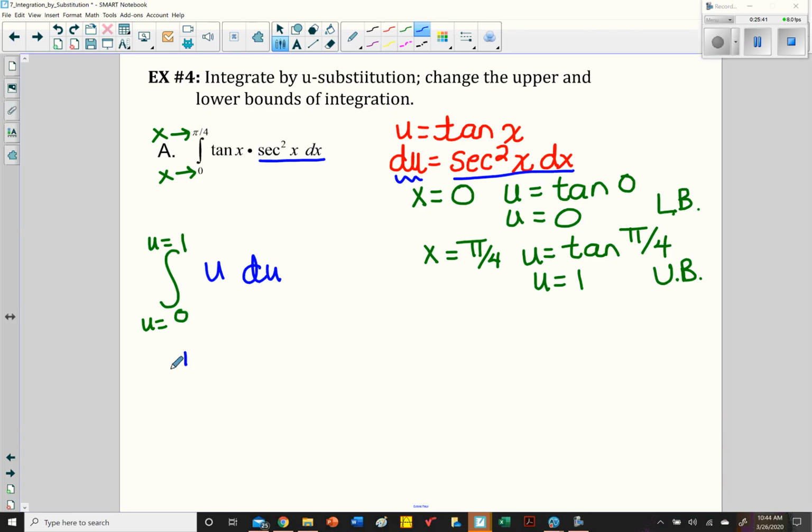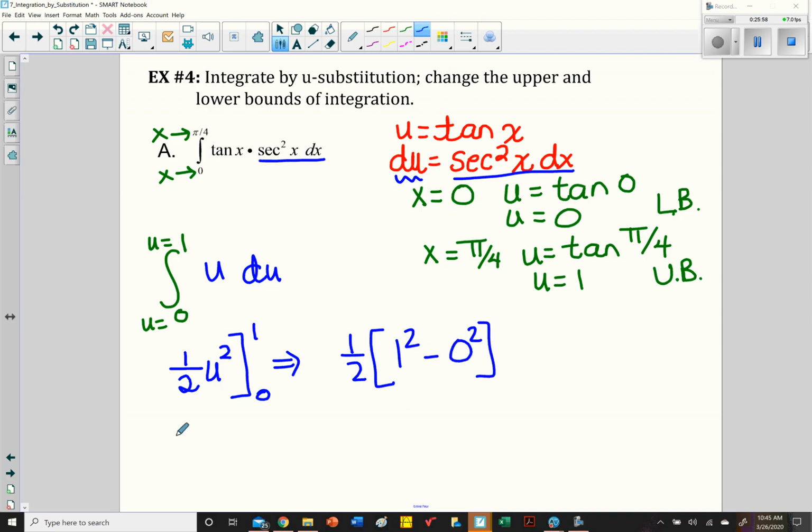So anti-deriving u would be 1/2 u squared as u goes from 0 to 1. So we could use the 1/2 outside and then square 1 and square 0. And our antiderivative definite integral is 1/2 times 1, or 1/2 in this case. Okay, fairly straightforward, just have to be really careful.